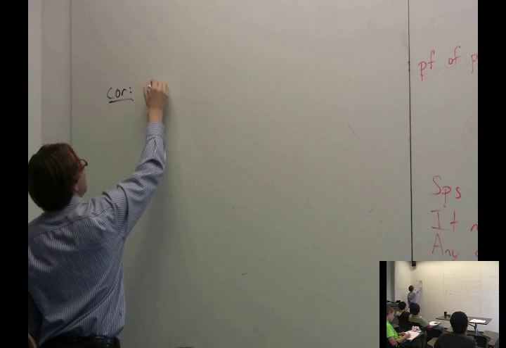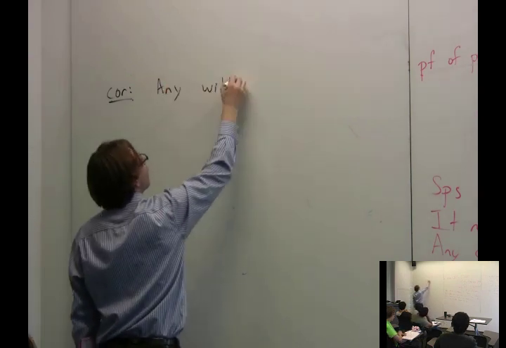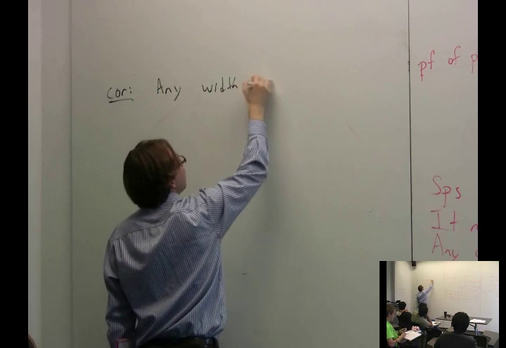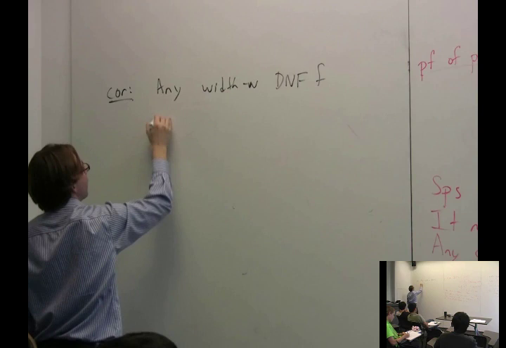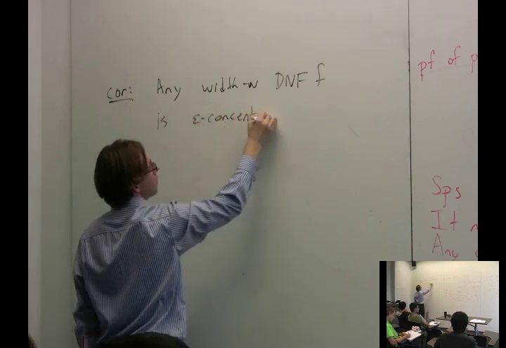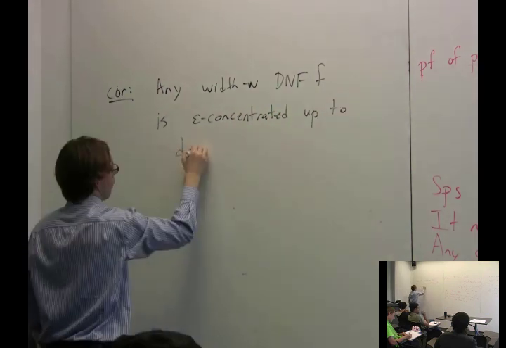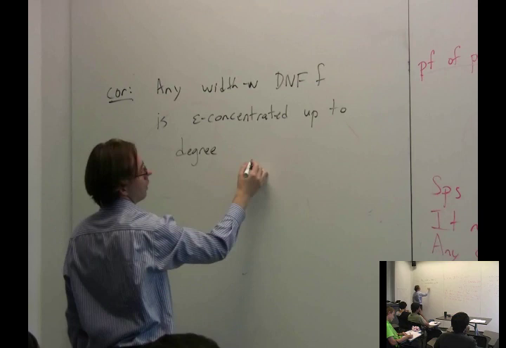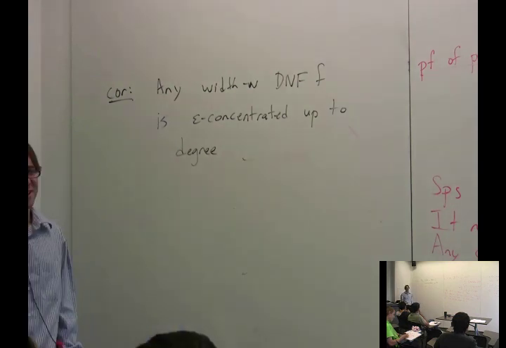As a corollary, we get any width w DNF f is epsilon concentrated. Its spectrum is epsilon concentrated up to degree... Can somebody tell me what I can write here? I.e., does somebody remember what happened on Wednesday?